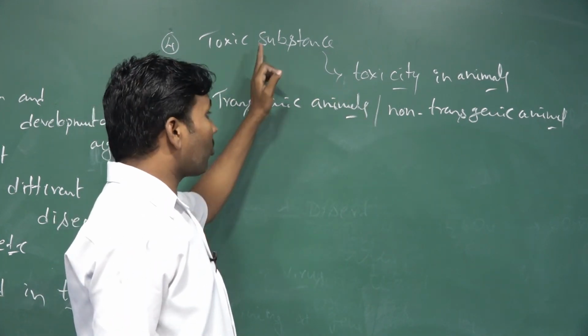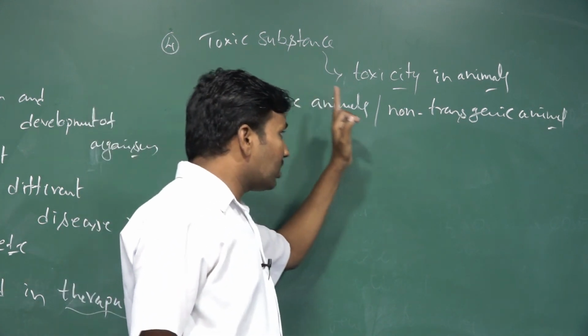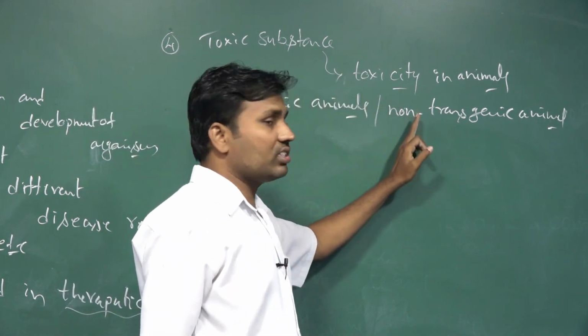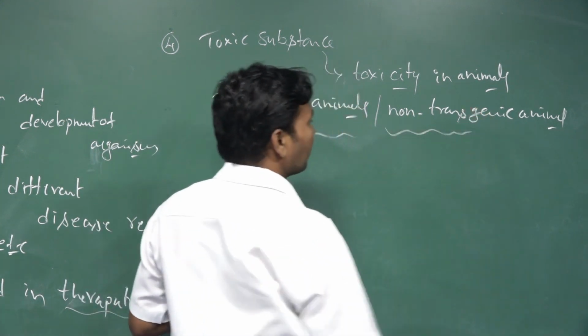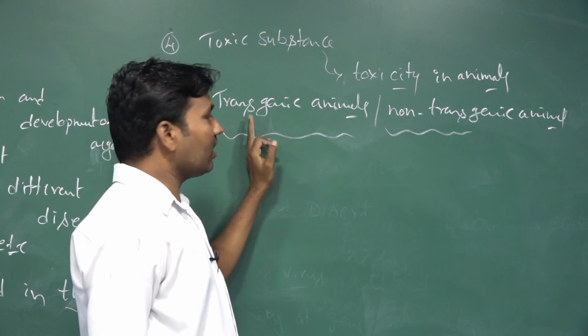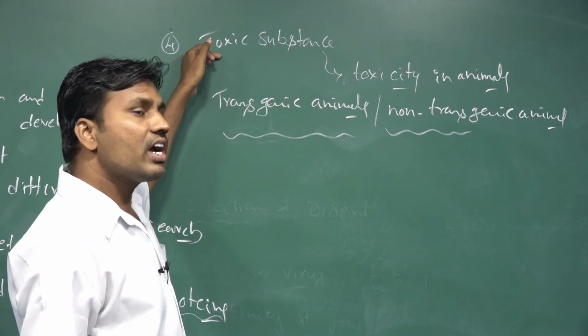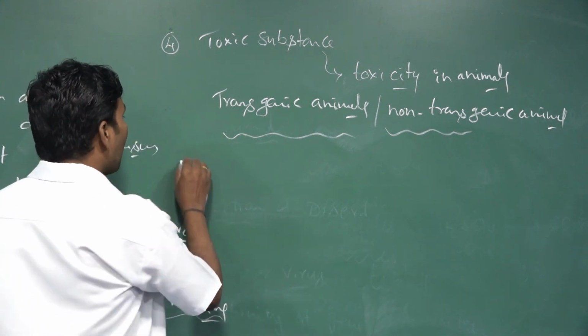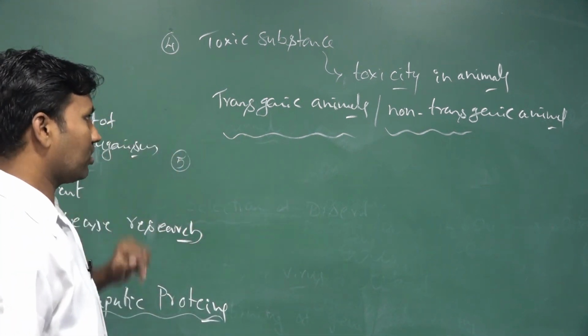The effect of the toxic substance on the transgenic animal and its effect on the non-transgenic animal, we study by comparing them. Based on that, we study the toxicity. So this is another advantage or use. So that is toxicity.